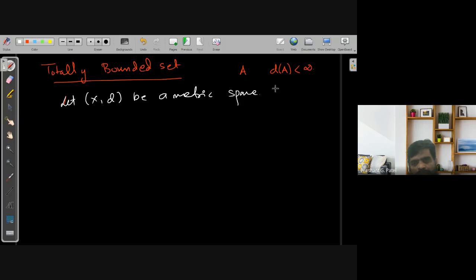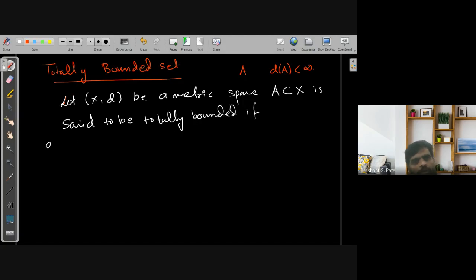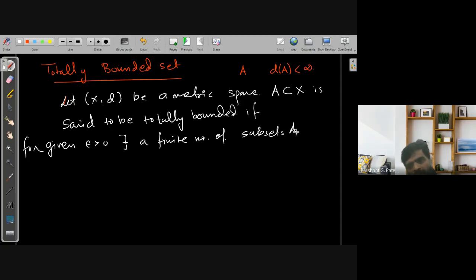A subset of X is said to be totally bounded if for given epsilon greater than 0, there exists a finite number of subsets, let's say the subsets are A1, A2 up to An of X, such that the diameter of each of these subsets is less than epsilon for every i running from 1 to n.